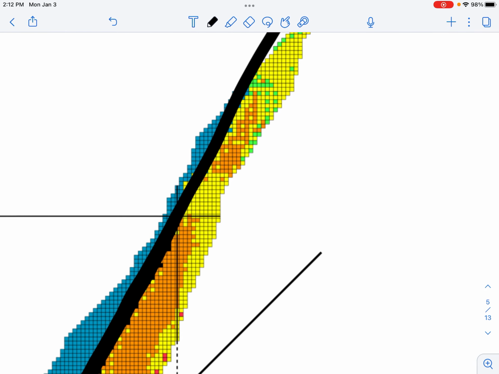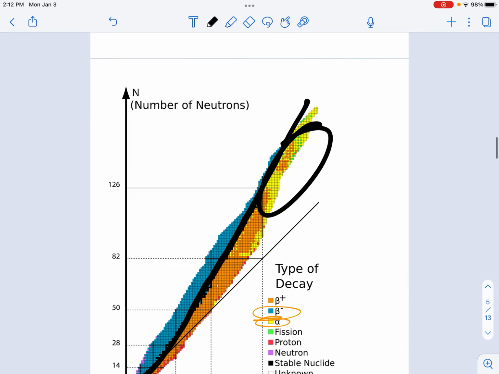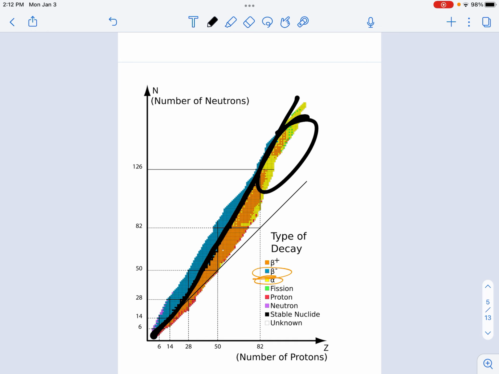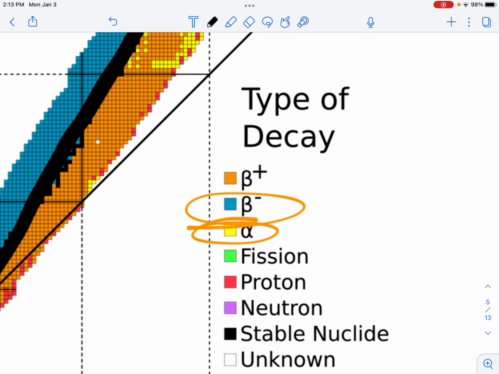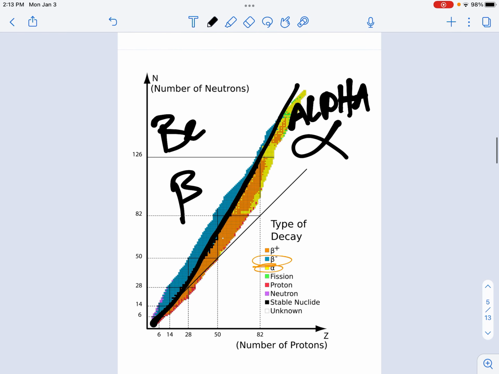And the alphas are the yellow ones, and they tend to be when you have too many protons. In a very generalistic sense, if you've got too many protons that are in the nucleus, that's where your alpha comes into play. That's what the symbol alpha is there. This guy here is Greek for alpha. And if you've got too many neutrons, that's the blue one here, that's the beta negative. That's the beta that's here.